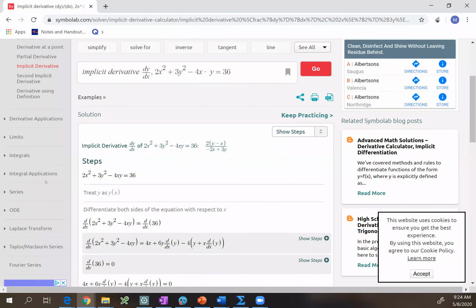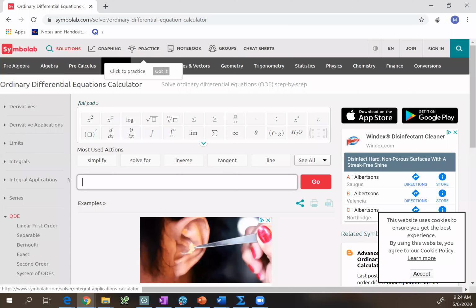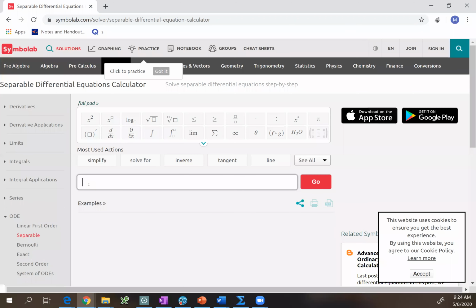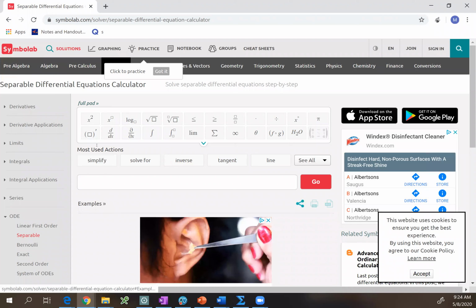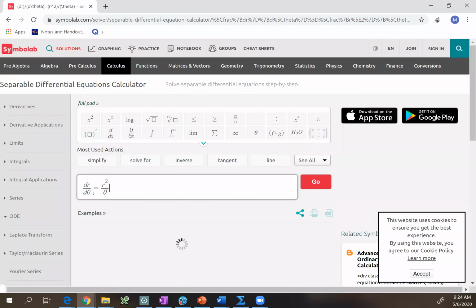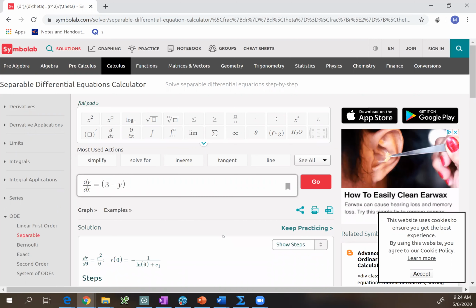But the other thing it has is if you pop down here to ODE, ODE is differential equations. And so if we hit separable differential equations, I like to hit examples, because if I click on this guy, it'll just format it for me. So this is those questions where we have dy/dx equals something like, say, (3 minus y) times 2x, something like that, right?